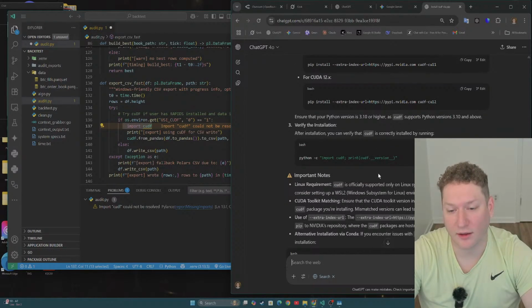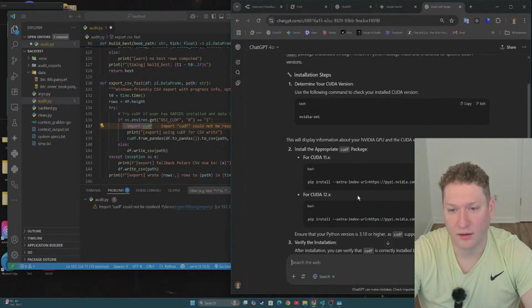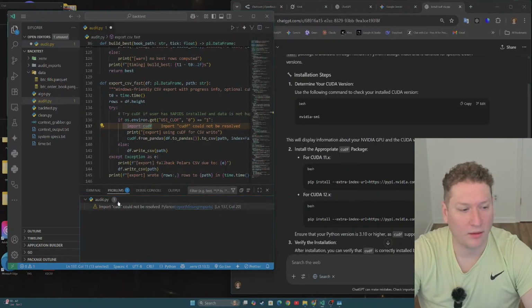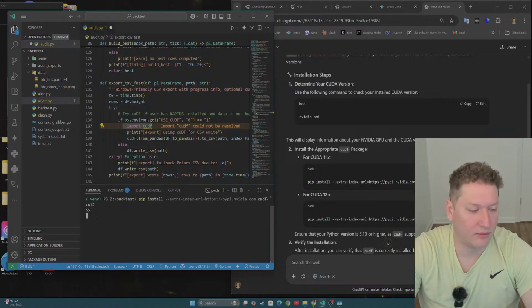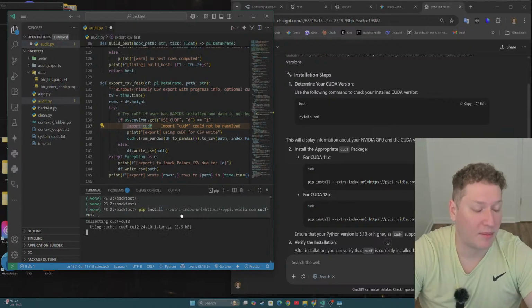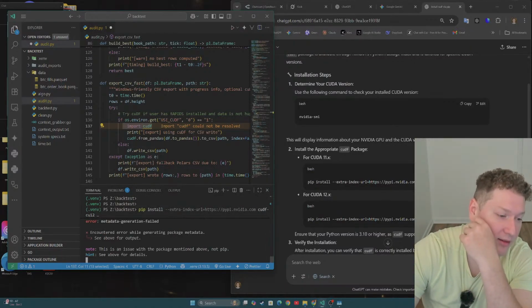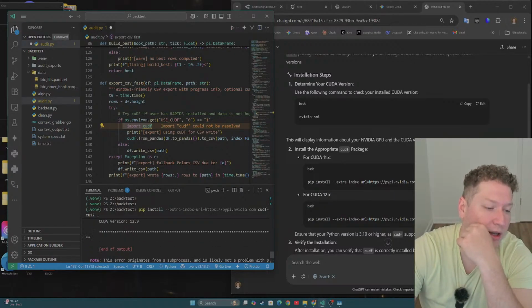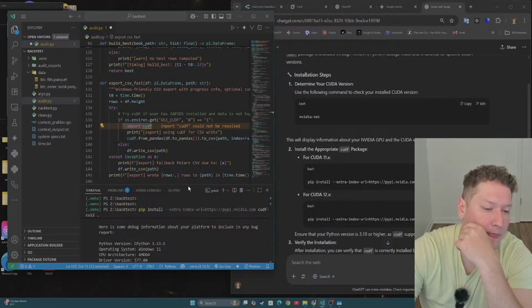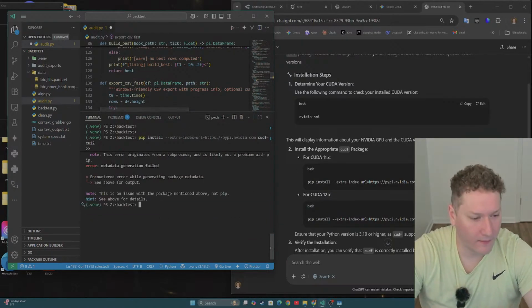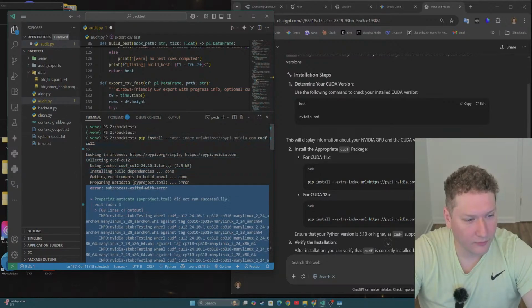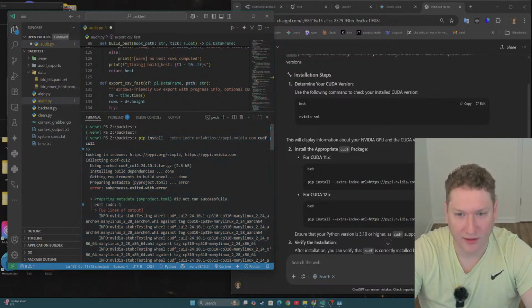Okay, if it's going to run on the GPU, all right. So when I said optimize, it wants to optimize and use the GPU. Yeah, I can't. The build wheel doesn't work for my system.